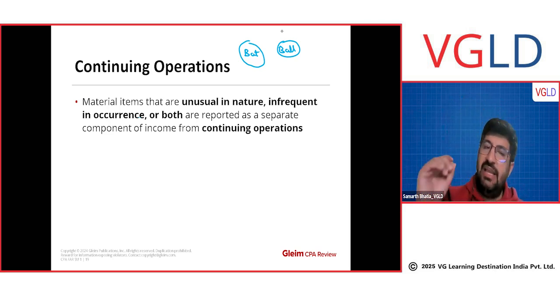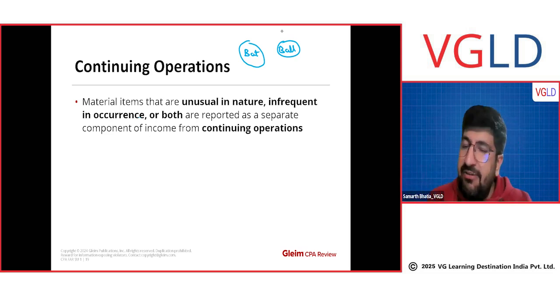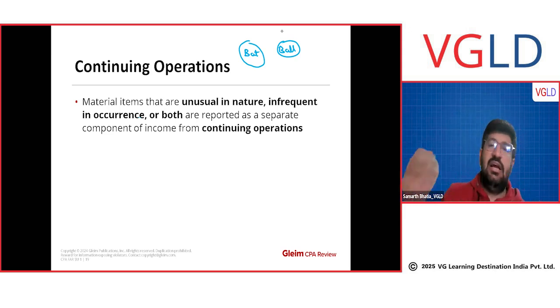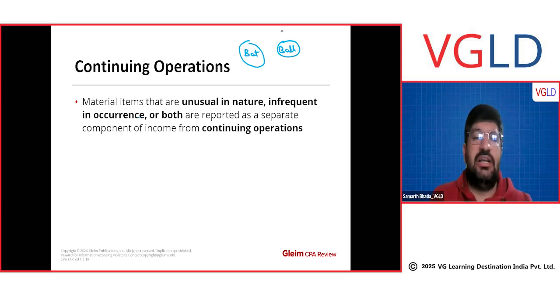Unusual means it's not happening on the usual, regular basis. Its occurrence is infrequent, or both. These will be reported as a separate component of income from continuing operations.